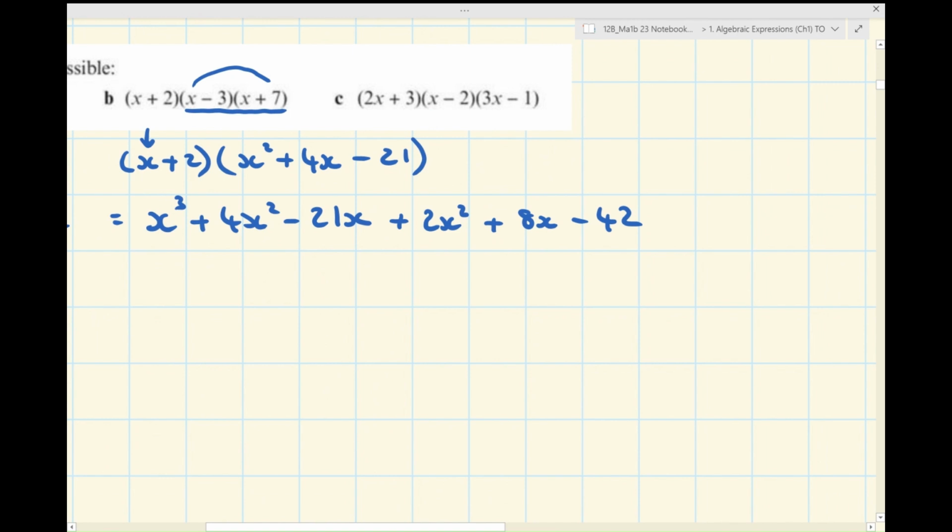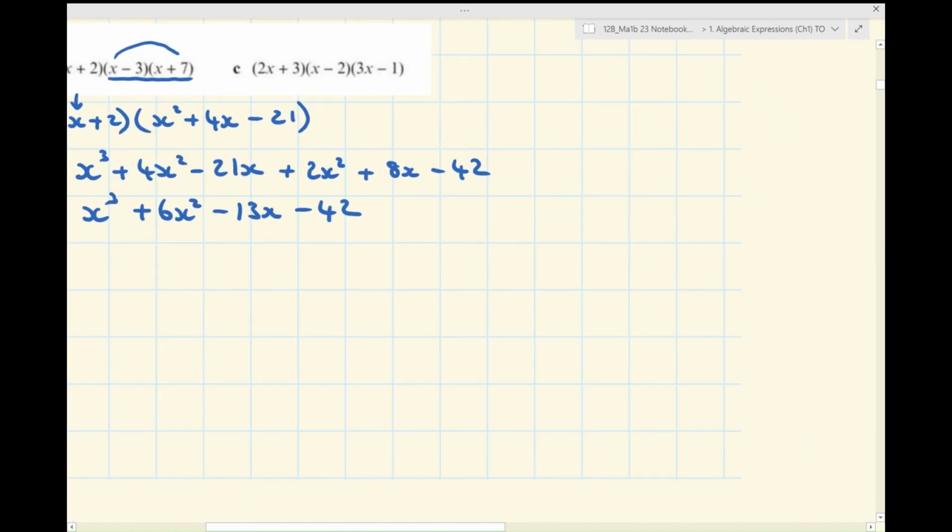Minus 42. So now I'll look to see if I can simplify this expression here. Altogether I've got 6x squareds minus 21 plus 8, that's the x's, so I've got minus 13 x's and minus 42 at the end.